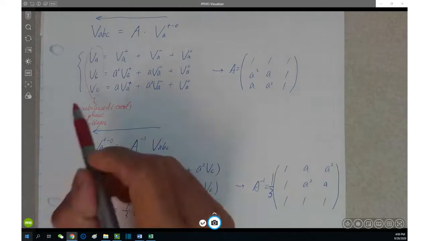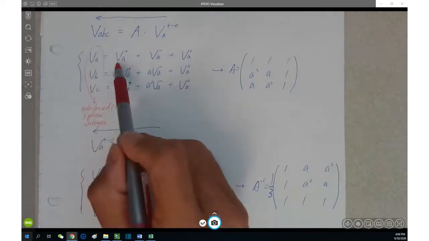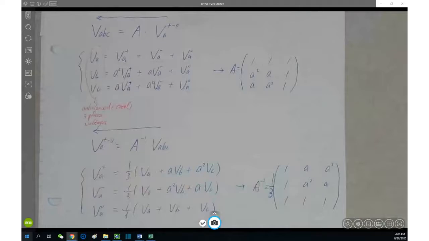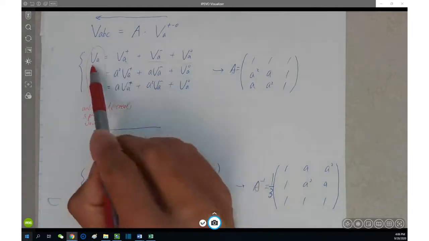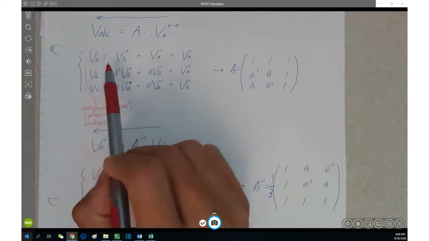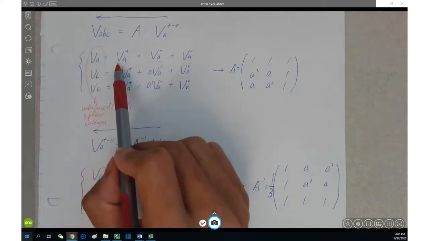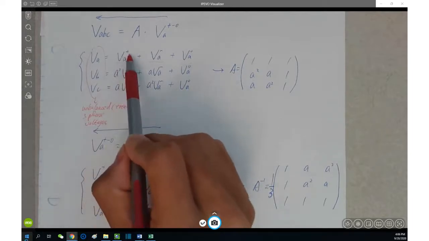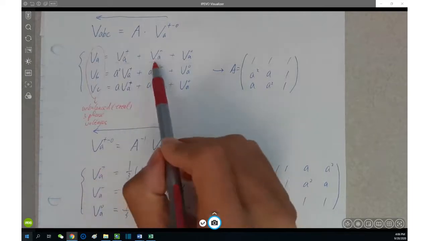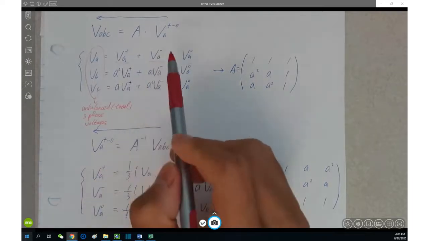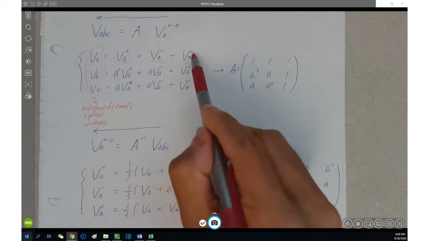Because each one of them consists of 3 different sequence components. What does it mean by different sequence component? Phase A unbalanced voltage equals the sum of phase A positive sequence component, phase A negative sequence component, and phase A zero sequence component, right?